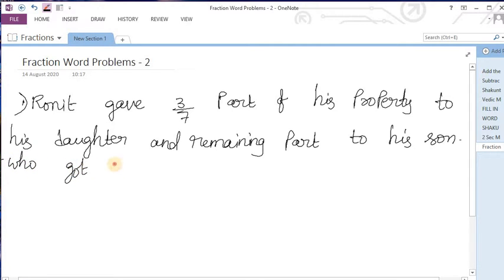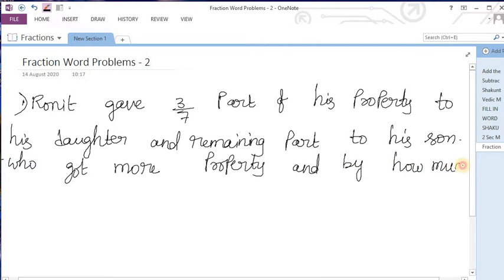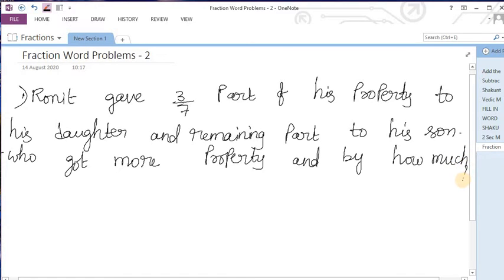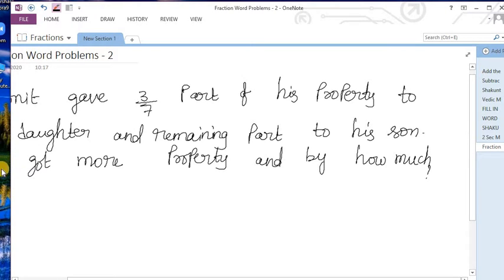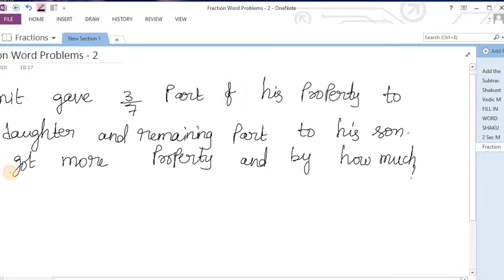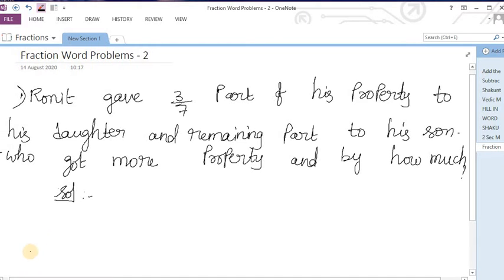Who got more property and by how much? So here he is saying that the person name is Ronit.